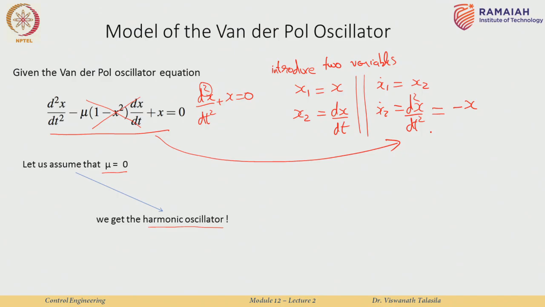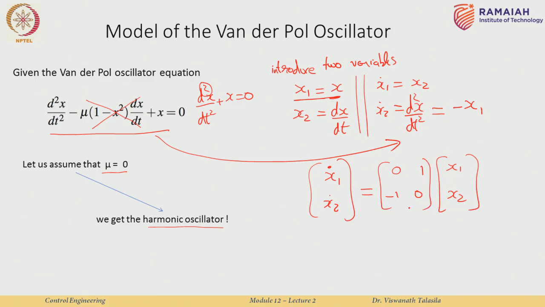And what is x? We use this expression over here, and x is nothing but x1. So if I put this now in a state space form, we get dx1 by dt, dx2 by dt, which are of course the states, on the right hand side, and the interconnection matrix will be nothing but 0, 1, minus 1 and 0.